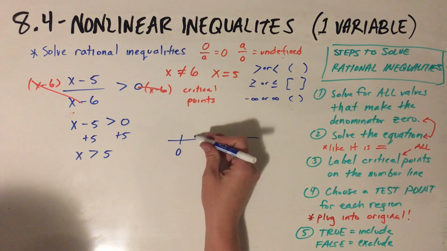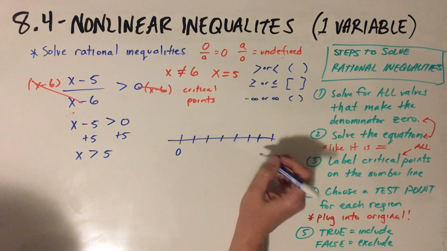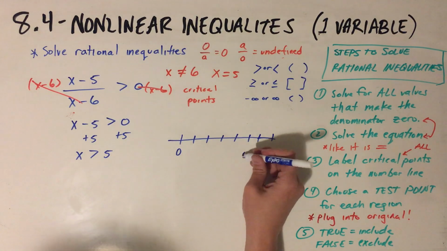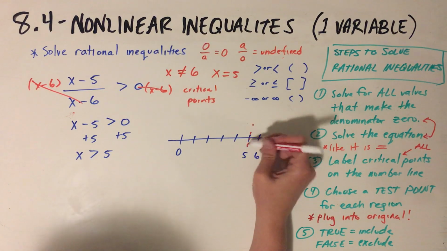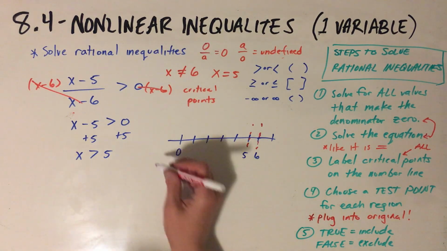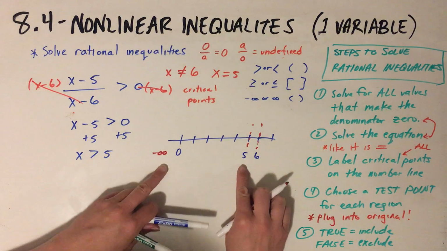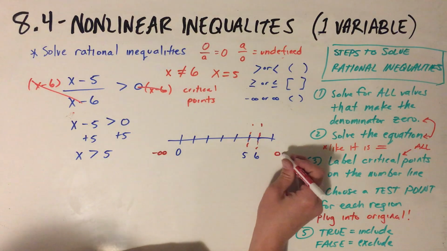So let's do 0, 1, 2, 3, 4, 5, 6. So critical point of 5 and critical point of 6. Okay, well, this is kind of weird, but again, this divides our regions from negative infinity all the way to 5, 5 to 6, and 6 to a positive infinity.